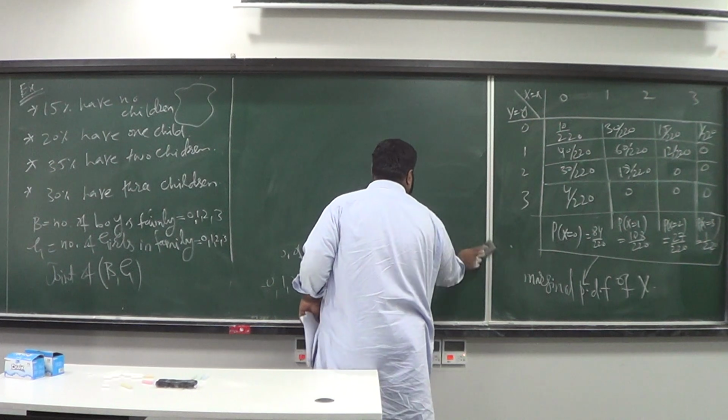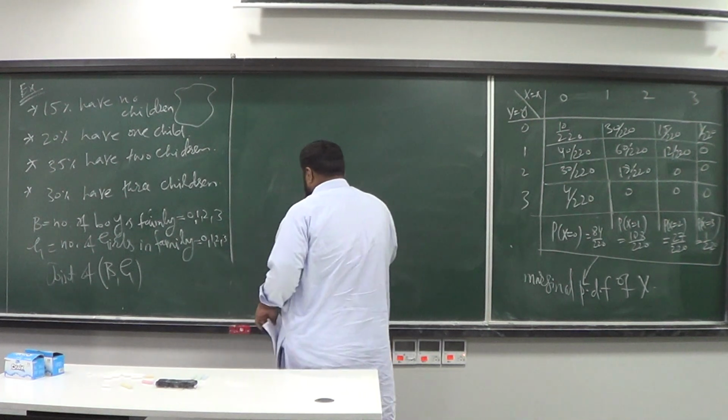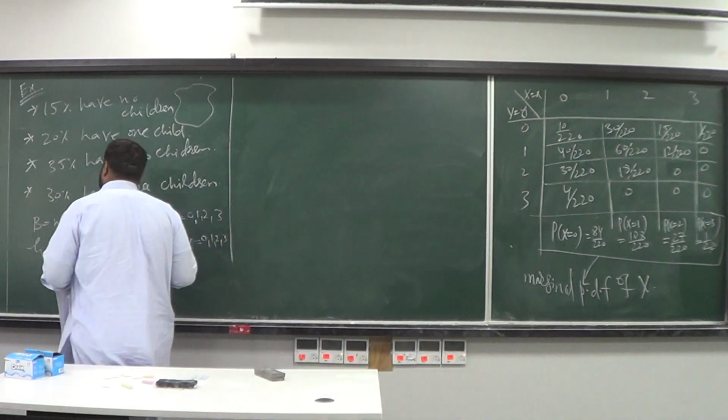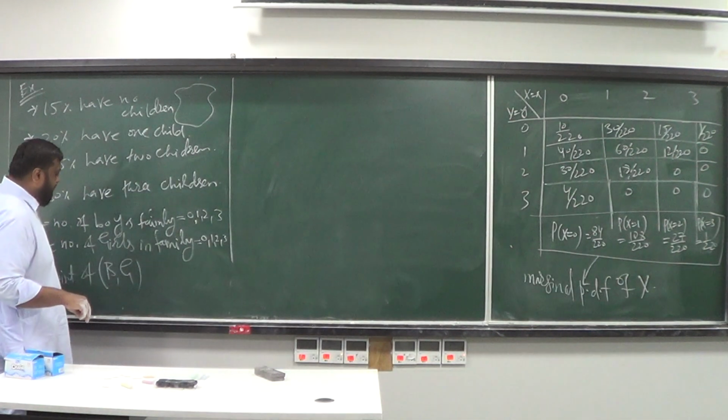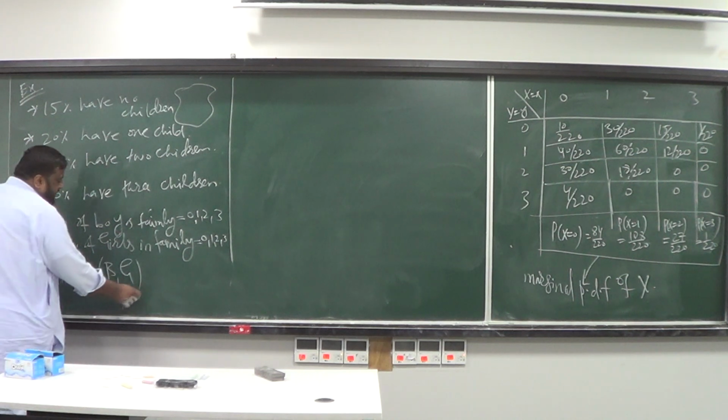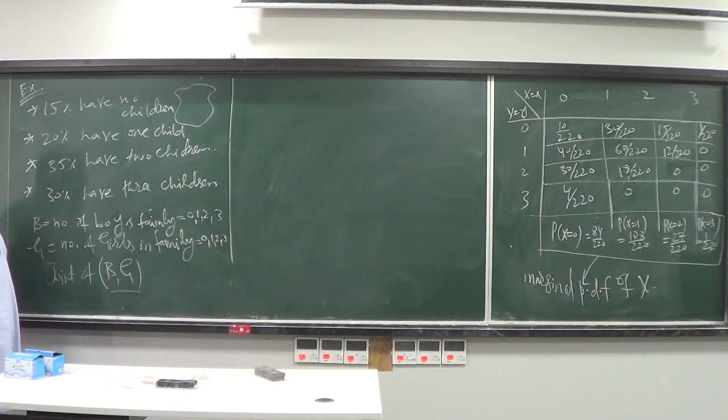By the way, if B is taking these values and G is taking these values, what could be the possible values that this ordered pair, or this vector, can take?